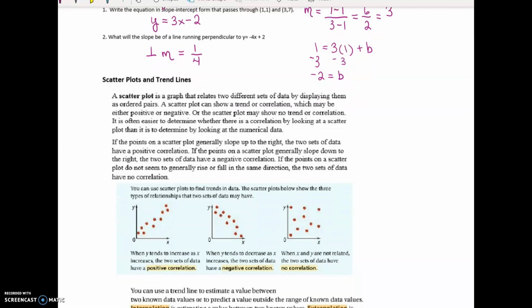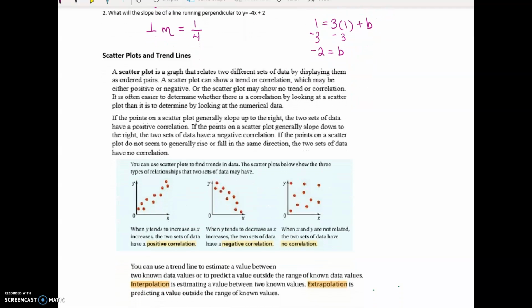So today the topic is scatter plots and trend lines. I'm obviously not going to read through everything here, but it does have some good information, so I'll just do some quick highlights. So a scatter plot is a graph that relates two different sets of data by displaying them as ordered pairs. A scatter plot can show a trend line or what we call a correlation, which may be, as we can see here, a positive correlation, a negative correlation, or you can see no pattern.